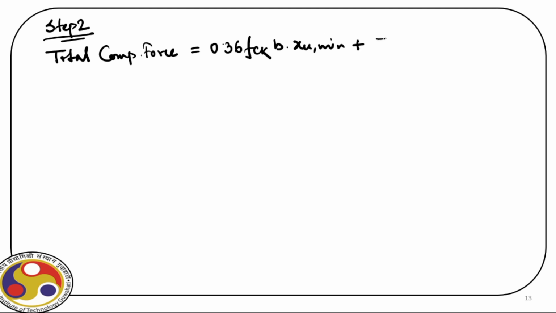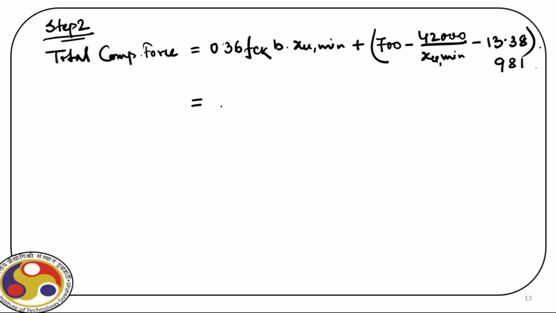So total compressive force is equal to 0.36 FCK B times XU minimum plus (700 minus 42,000 by XU minimum) minus, recall the stress in concrete is 13.38 times 981.